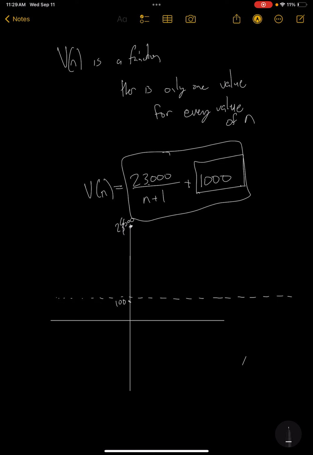Basically, it looks something like this. And to be honest, the domain should not be negative. I can't go back in time, and it's never going to be worth more than the first day it exists. Okay? And that's all.